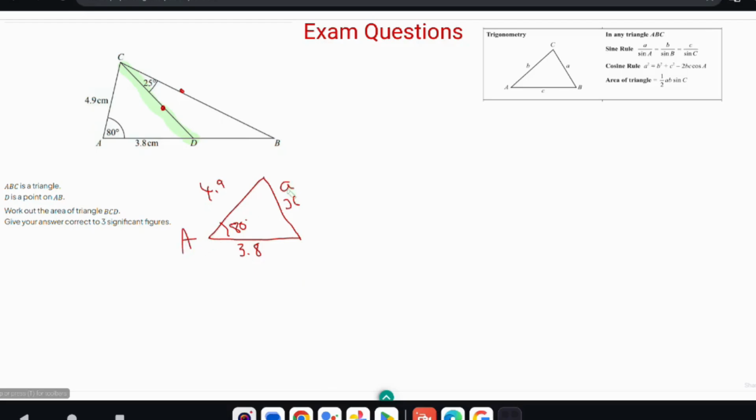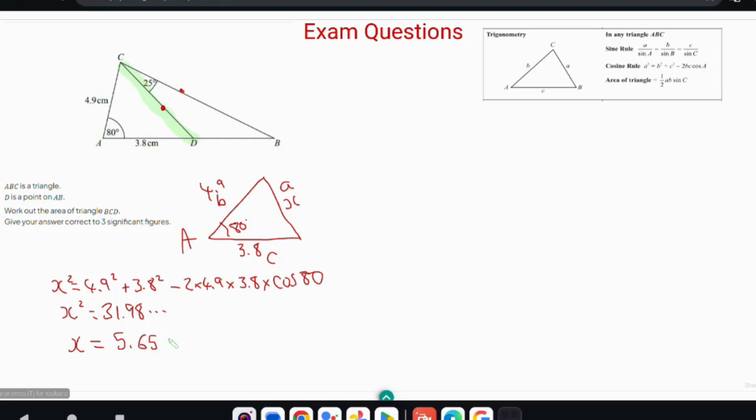So big A, little a, B, C. Okay, take that into your calculator. Square root both sides. 5.655.